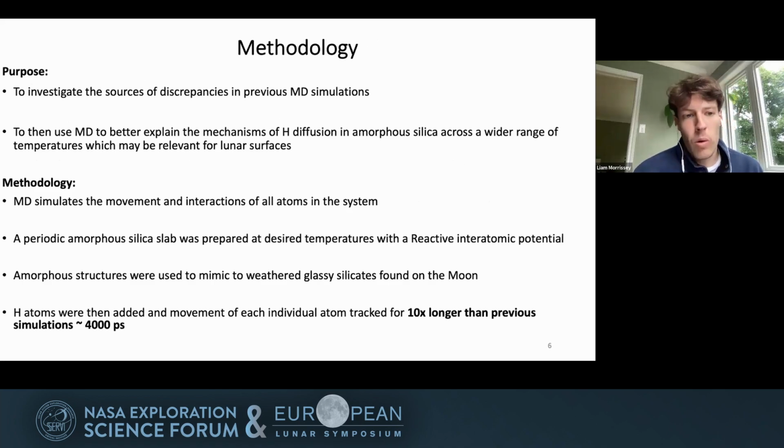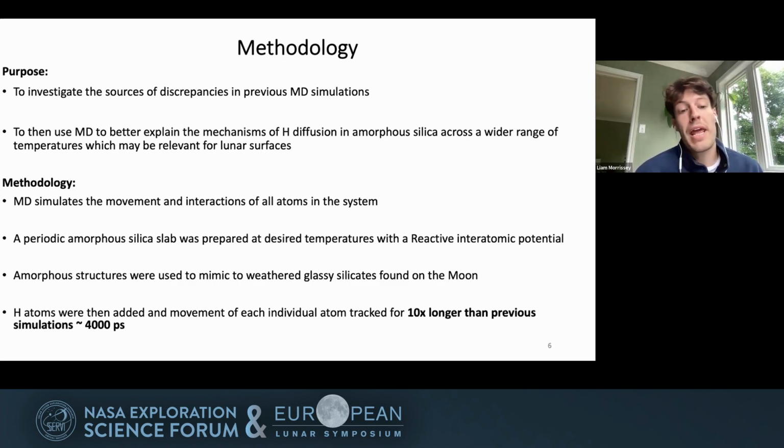And then after doing that, we wanted to use MD to better explain the mechanisms of H diffusion in amorphous silica across a wider range of temperatures, which may be relevant for lunar surfaces. Now, briefly, our methodology: we used MD to simulate the movement and interactions of all atoms in the system by taking a periodic amorphous silica slab and preparing it to the desired temperature using a reactive interatomic potential.